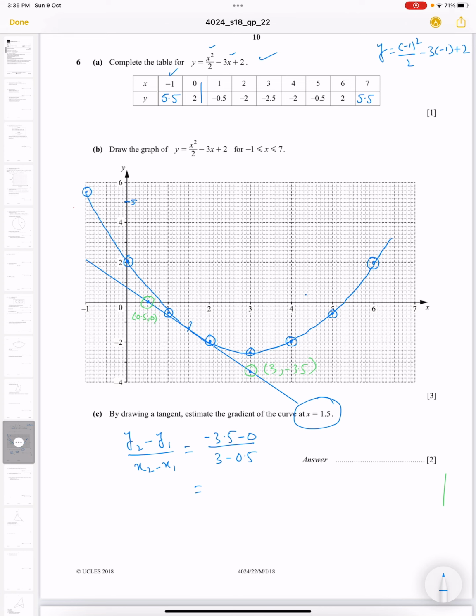Okay, so the value we get here by calculation is minus 1.4, right?